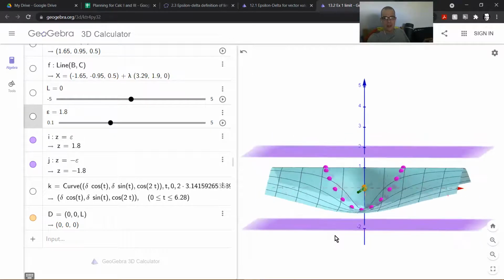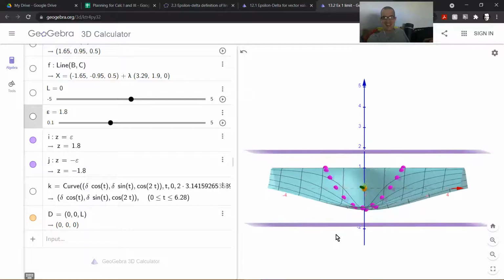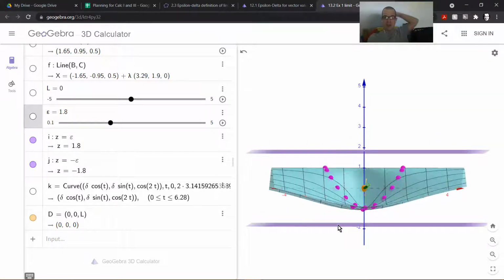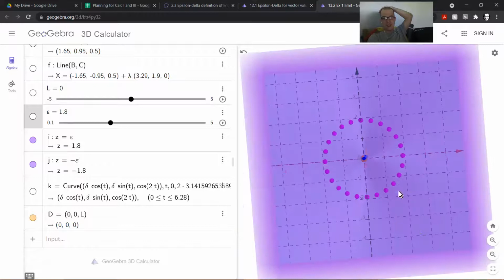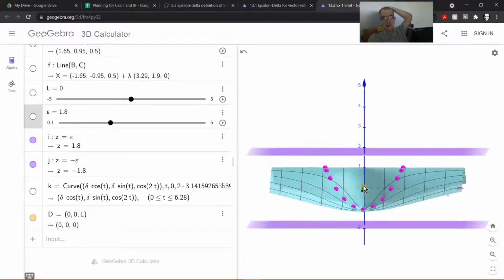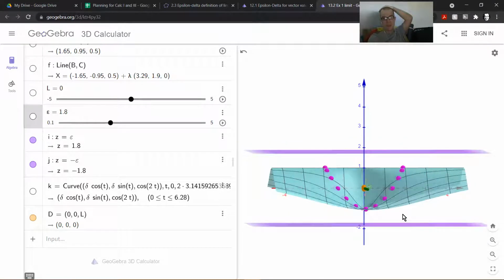So at this stage, for our z values of plus and minus epsilon, when epsilon's 1.8, all of the function values corresponding to a circle in our domain surrounding the point that we're interested in, all of these function values are within our epsilon bounds, and things look great right now.